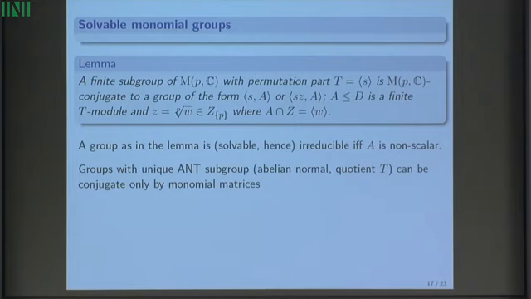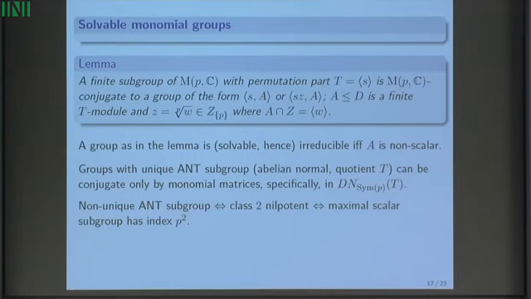So that's out of the way. Conjugacy, as I mentioned earlier, the thing to look for first is whether the diagonal subgroup is mapped to the diagonal subgroup in the other group. So groups with a unique abelian normal subgroup with quotient T, these can be conjugate only by monomial matrices.